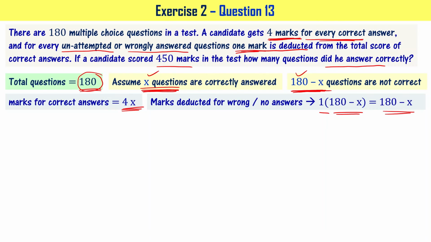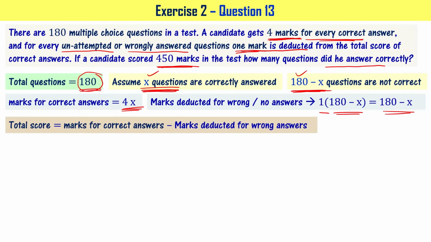We have seen that the candidate has scored total 450 marks, right? Total marks he obtained can be written as marks obtained for correct answers minus marks to be deducted for wrong answers, right? Marks obtained for correct answers is 4x and marks to be deducted are 180 minus x.